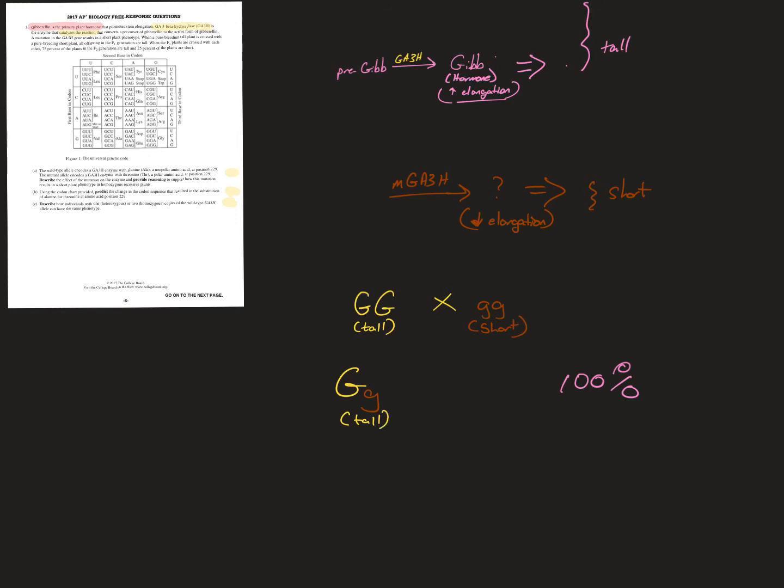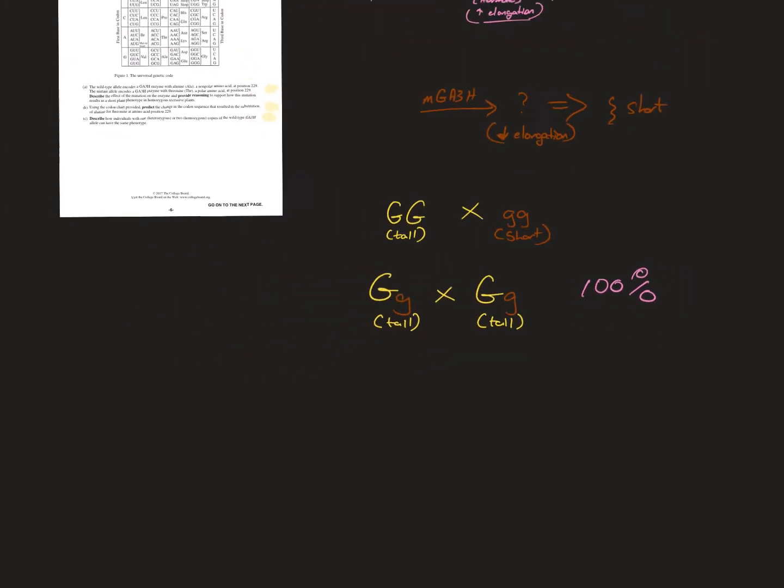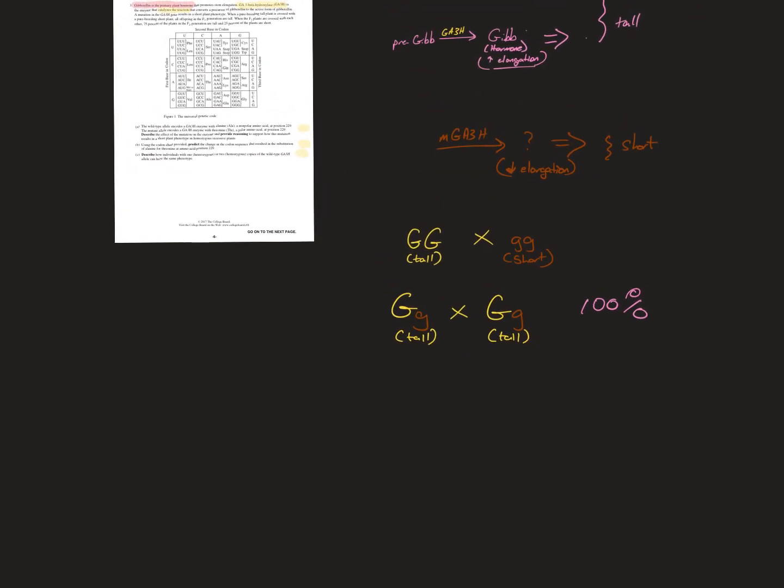But you take two of those, big G and little g, again, both being tall. You cross them, and do the Punnett Square if you don't believe me. In fact, I'll just do the Punnett Square here on the side. Big G, little g, crossed with big G, little g. You see two big G's, a big G, little g, a big G, little g, and little g, little g.